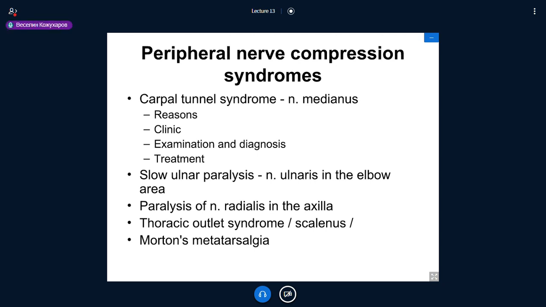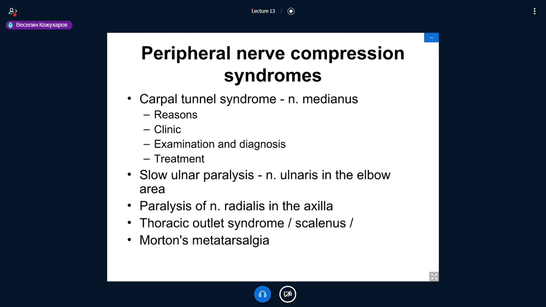Additionally, there could be motor neuron dysfunction, which will result in thenar hypotrophy, flattening of the thenar muscles that we usually observe.